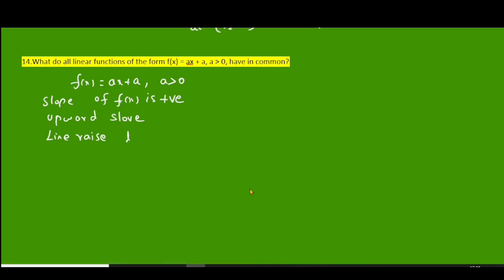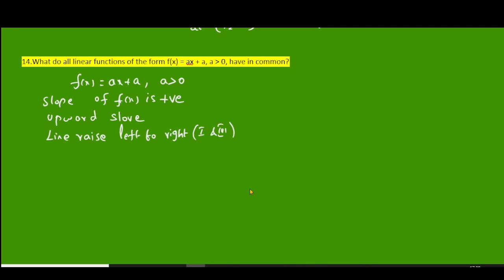When we have an upward slope, the line rises from the left side to the right-hand side. That means the line lies between the first and third quadrant.